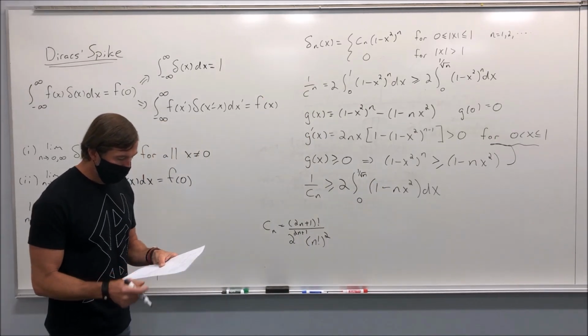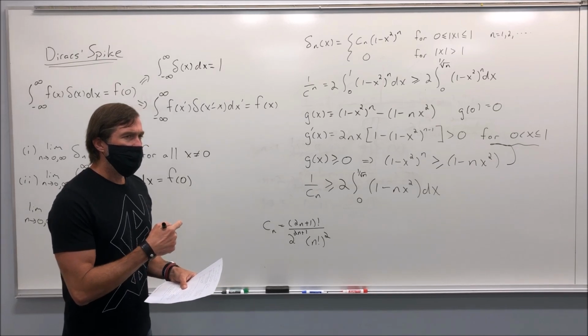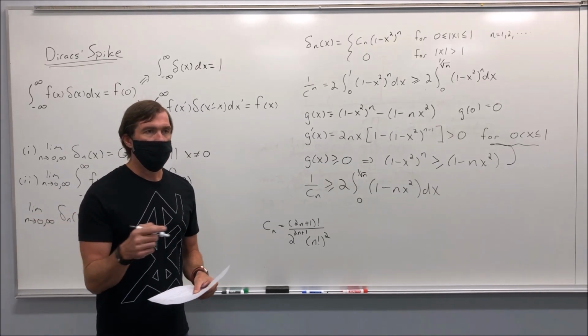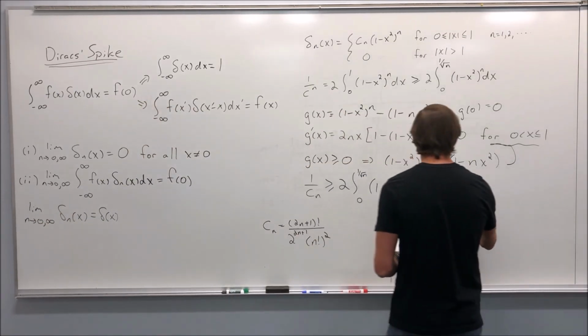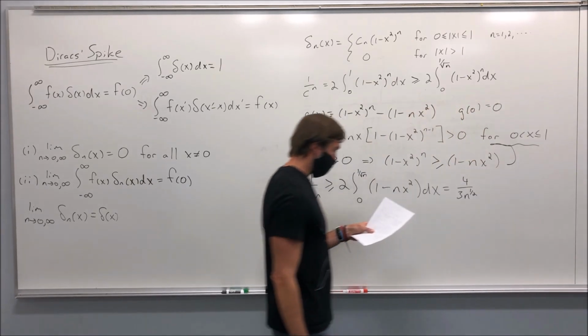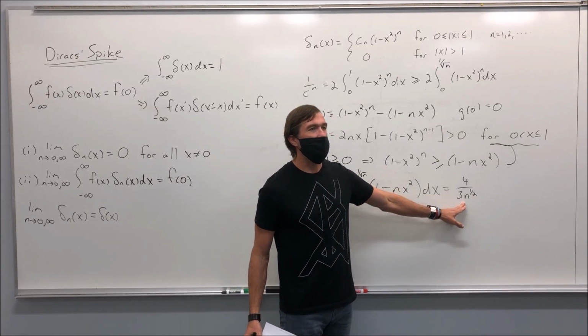Okay? Well, I can do that integral. Can you do that integral? Let's do that integral. No, I'm just kidding, you don't have to do it for me. This is 4 over 3 n to the half. Guess what this is bigger than?